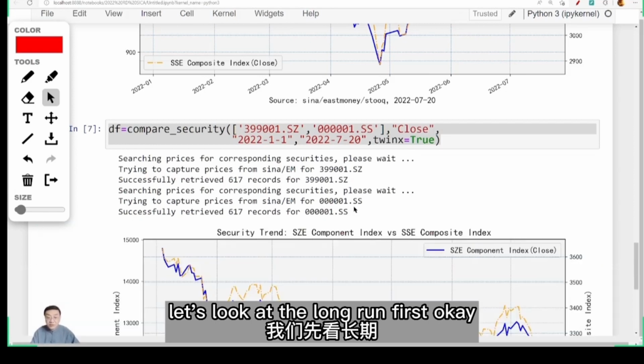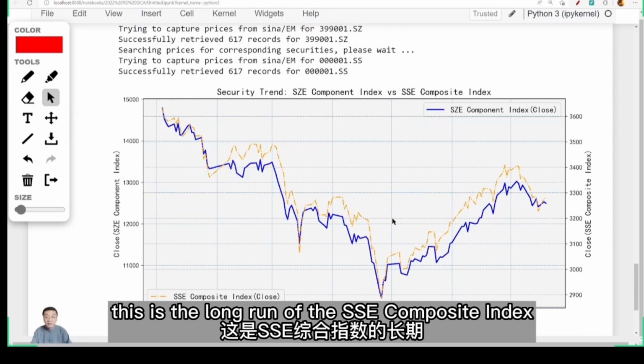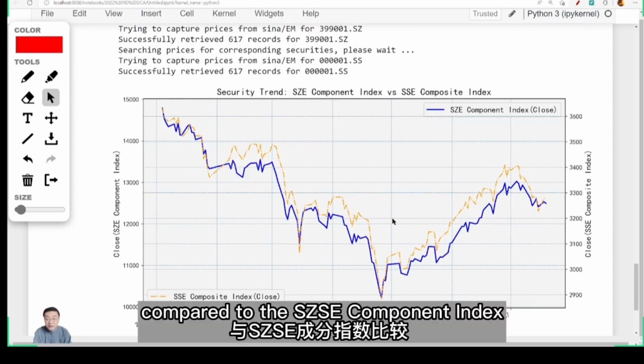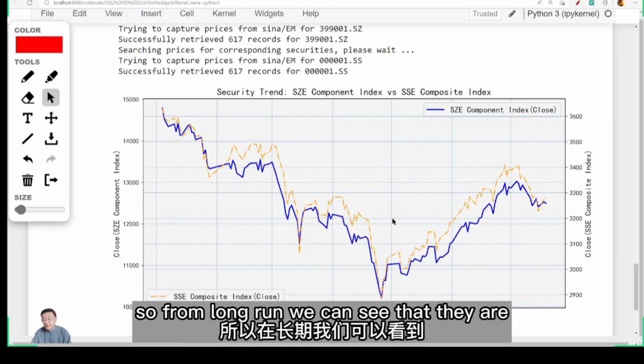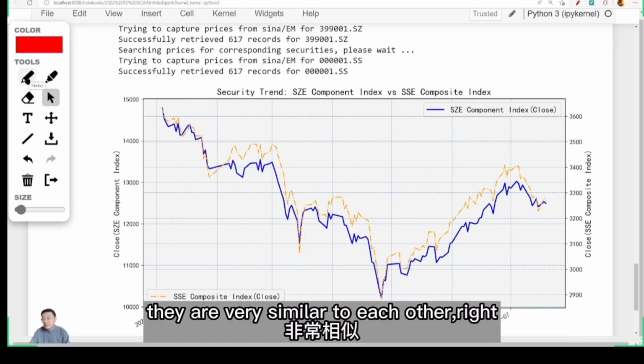Okay, this is the long run of the SSE composite index compared to the SZSE component index. From the long run, we can see that they are quite similar to each other, at least in the big trends. They are very similar to each other, right?